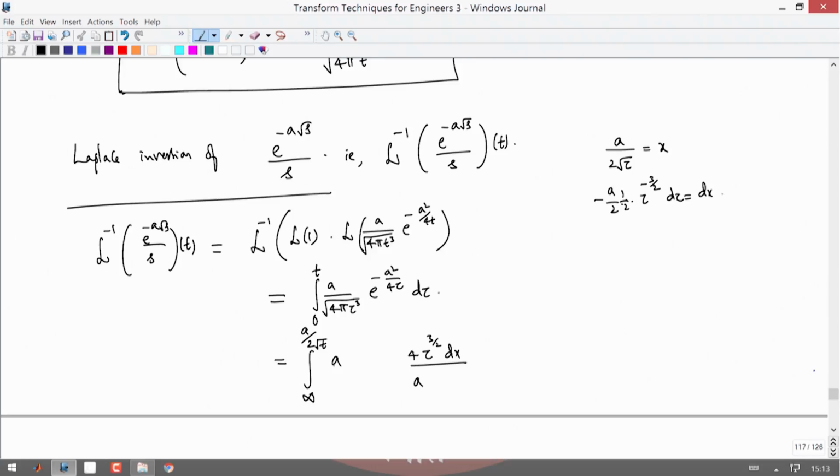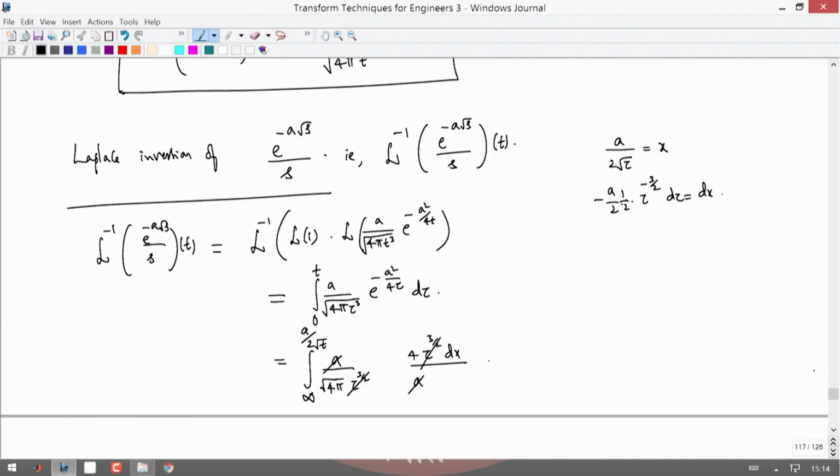And this, if you use a by 4, that is 2, that is root 4 times 4 pi times tau power 3 by 2. So, this gets cancelled, this gets cancelled.